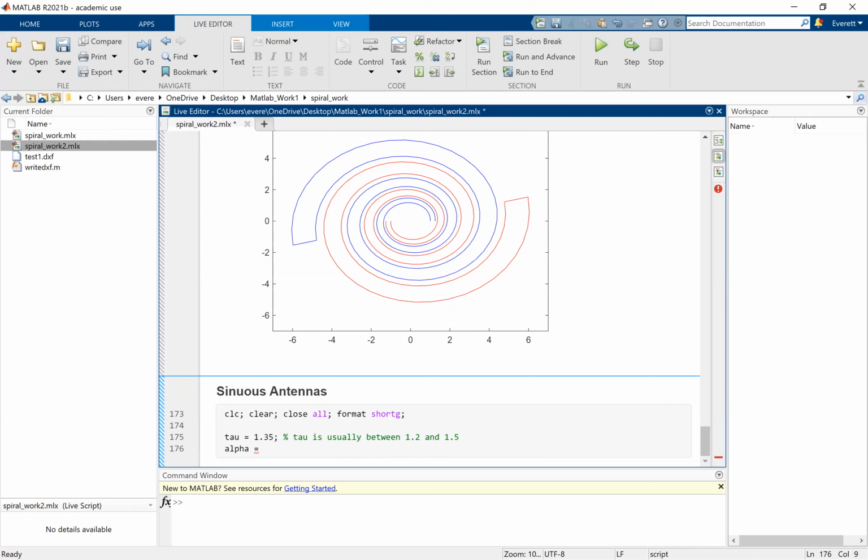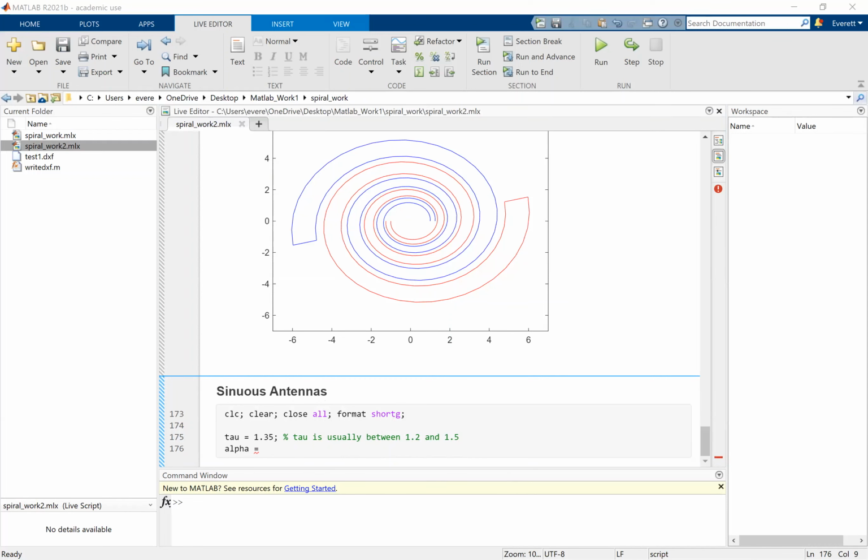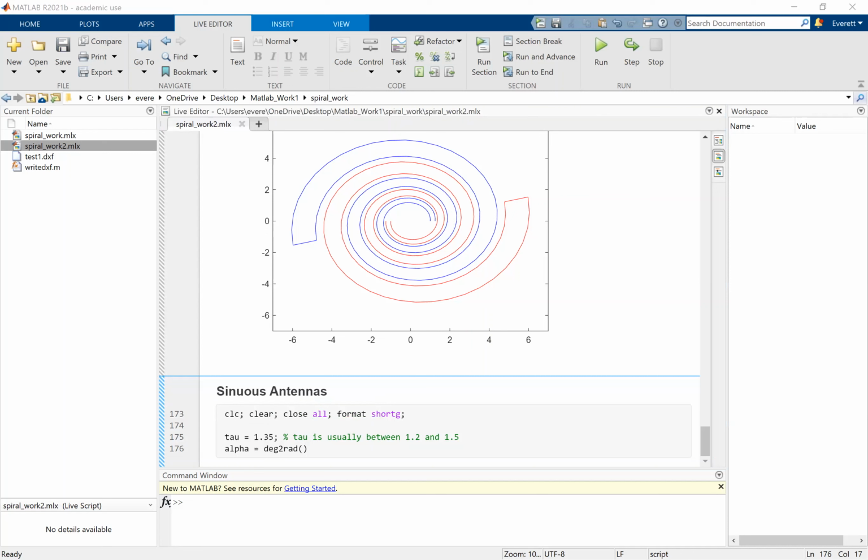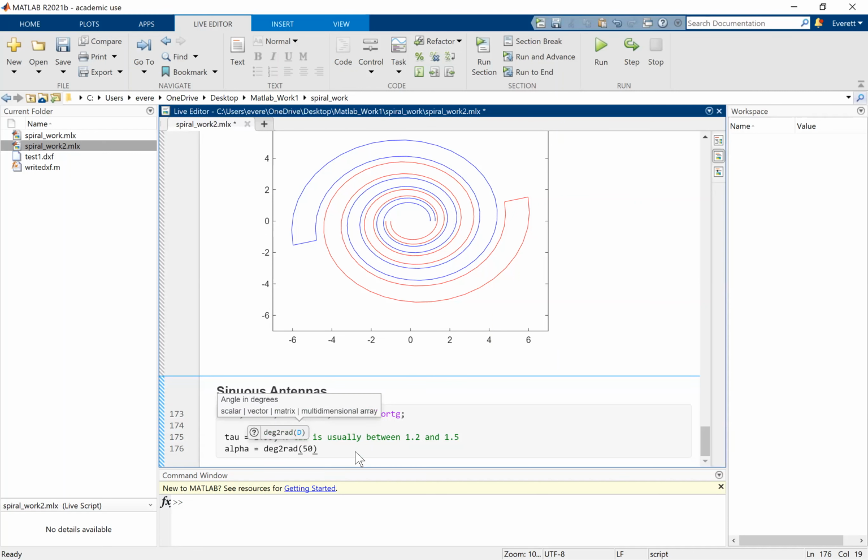According to the article, alpha is usually between 30 and 70 degrees. So let's just use degrees to radians, because we'll most likely want it in radians, not degrees. And for now, let's just say 50 degrees.